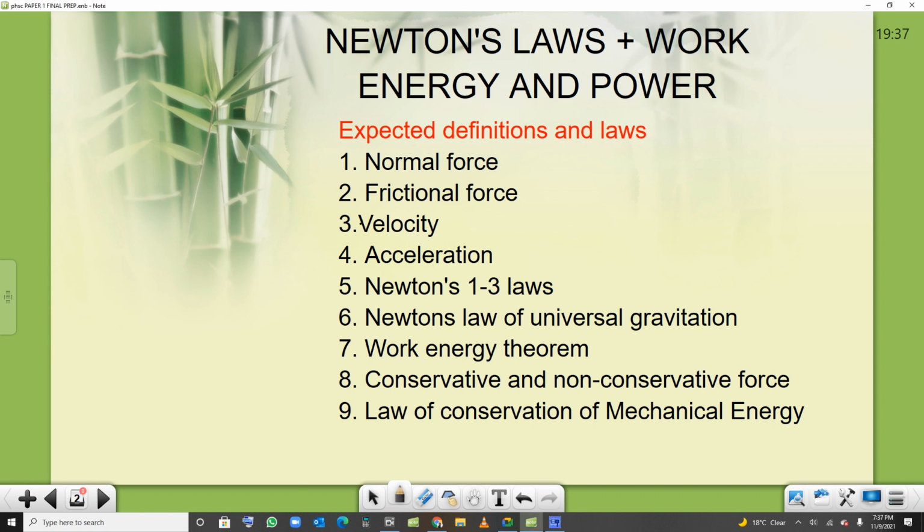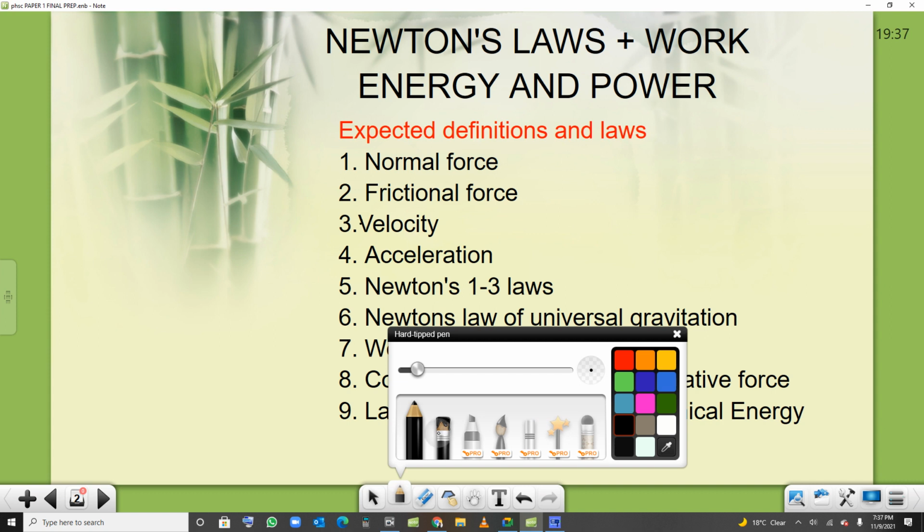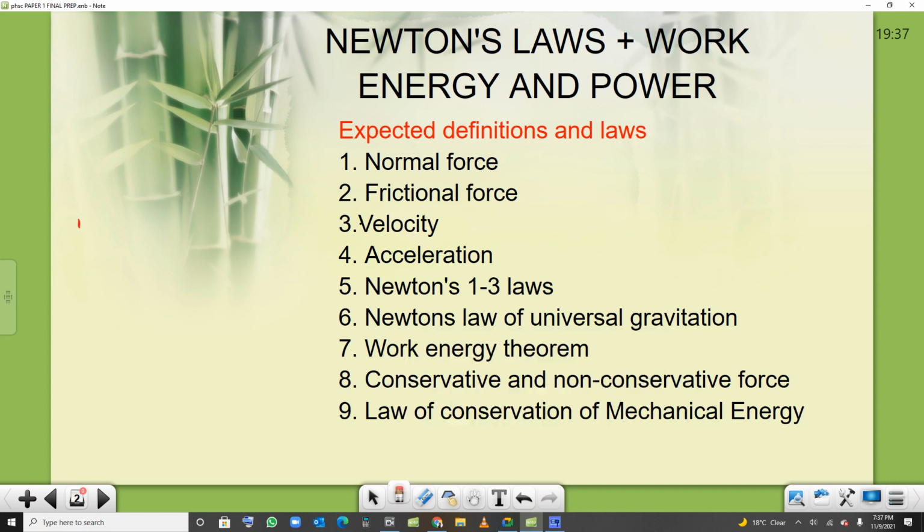I know that if I go back to equations of motion, I know that Vf equals to what? Vi plus A delta t. All right. If I bring my Vi there, what would I have? Vf minus Vi equals to A delta t. Divide both sides by delta t. A, therefore, is what? Vf minus Vi over delta t.